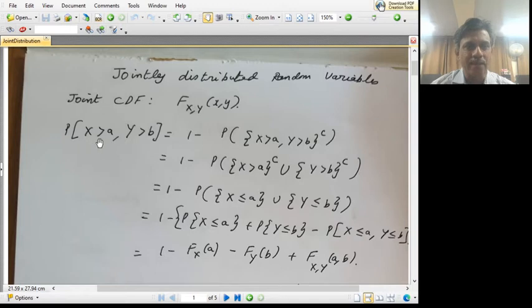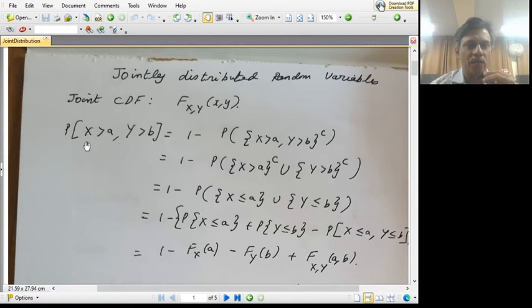The probability that X is greater than a and Y is greater than b can be found using the joint CDF and marginal CDFs of X and Y. We will see how that definition goes. So this probability of X greater than a and Y greater than b can be written as 1 minus the probability of the complement event.